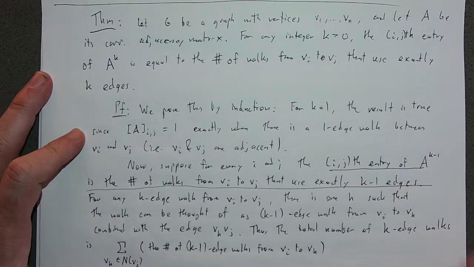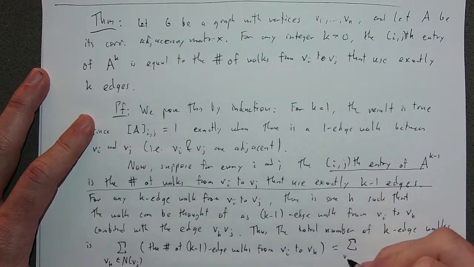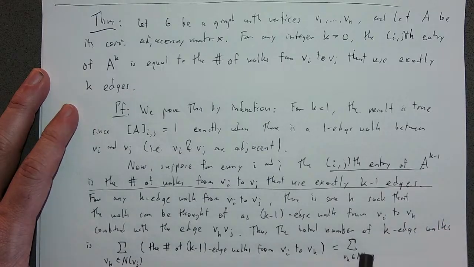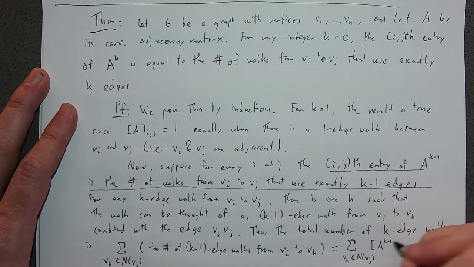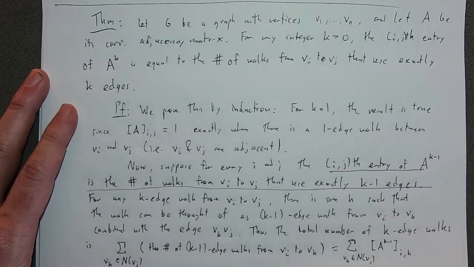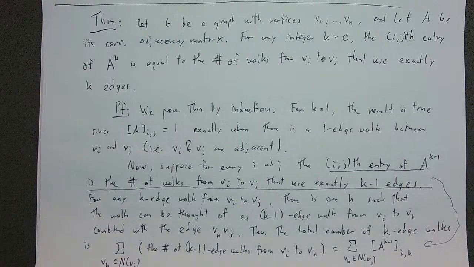So we can rewrite this as the sum over these vertices v sub h in the open neighborhood of our vertex v sub j. This is the ith entry of a to the k minus 1. That's what all of this stuff is, right? By the inductive hypothesis. That's what we have done here.